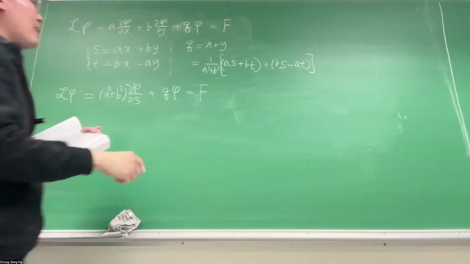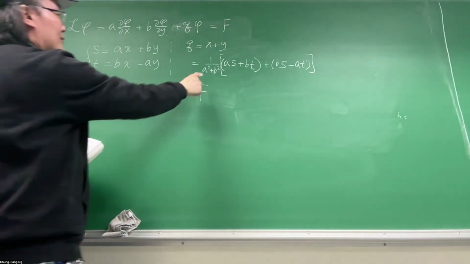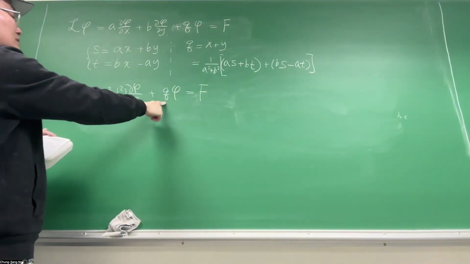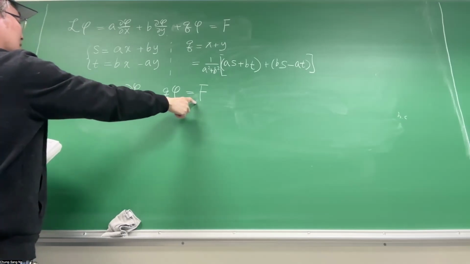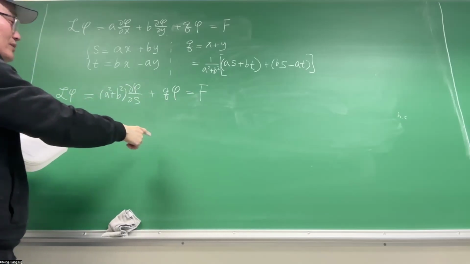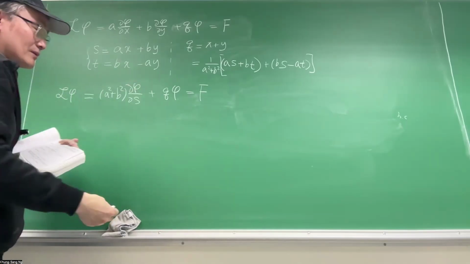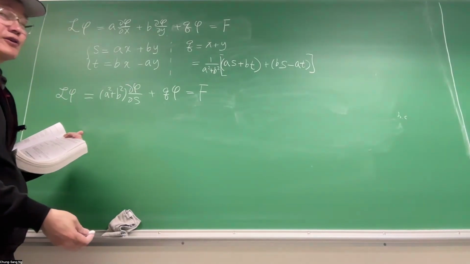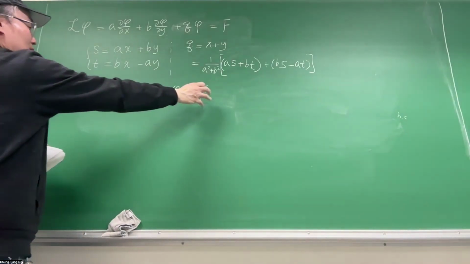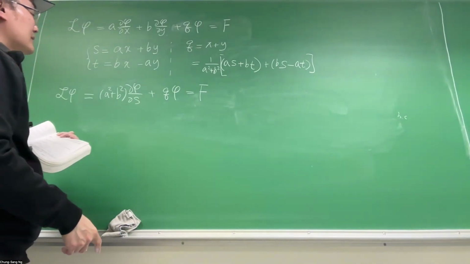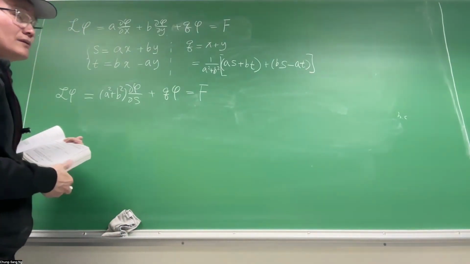Right. And now that becomes a function of S and T that is going to be here. Now F is 0, and that would be even easier. That becomes a separable first order differential equation. So that is just involving a single integration, right? It becomes just a separable equation.